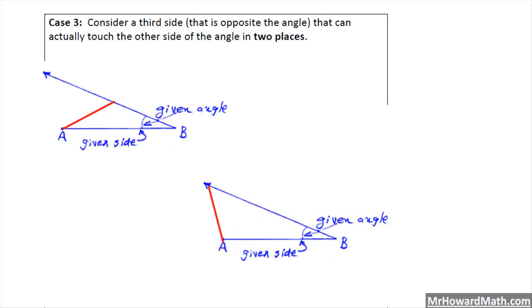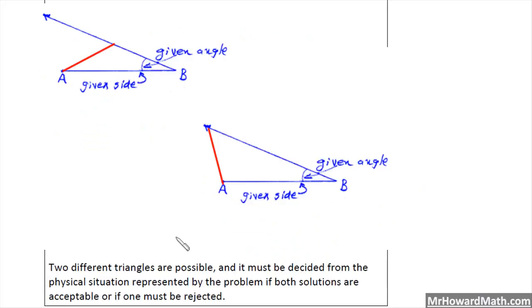Two different triangles are possible, and it must be decided from the physical situation which one is best. Can you accept both of them, or should one of them be rejected because it doesn't make any sense for the problem situation? So those are the three possibilities when you're working with the law of sines and you have two sides that are given and an angle that's not between the two.